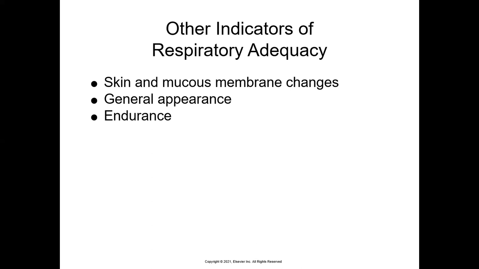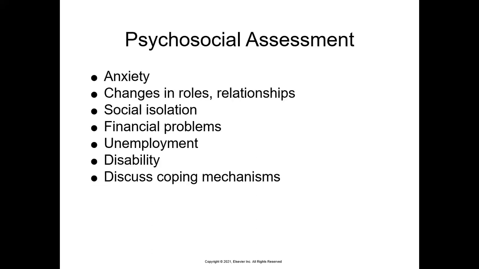When a person is truly having difficulty breathing, they often will stop to take a breath while talking and while walking. It's very difficult for them to have the endurance that other people have within moving.